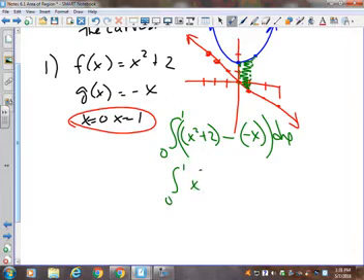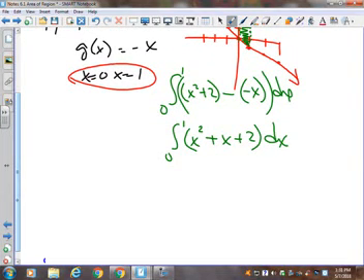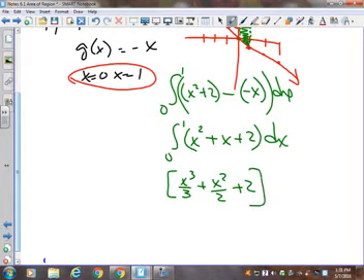So this is x squared plus x plus 2 that we're integrating, right? So won't that become x to the third over 3 plus x squared over 2 plus 2x? Everybody agree with that? Added 1 to the power each time. And we're going to put that in from 0 to 1.